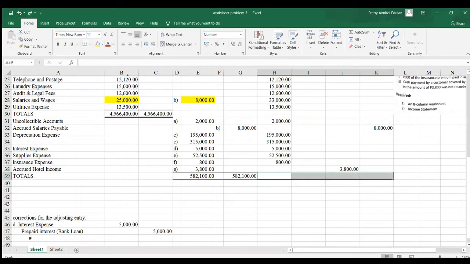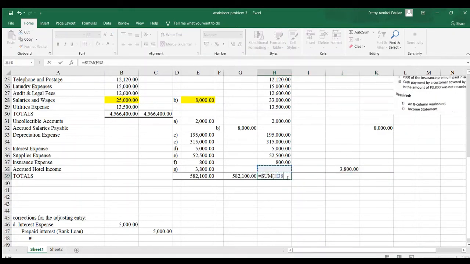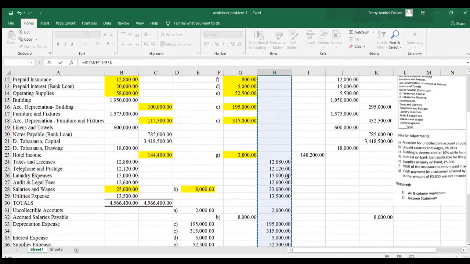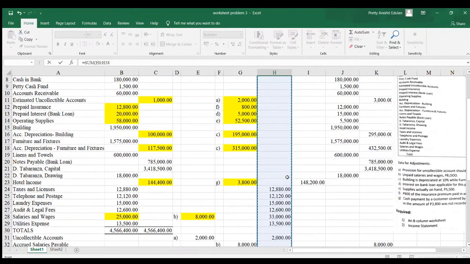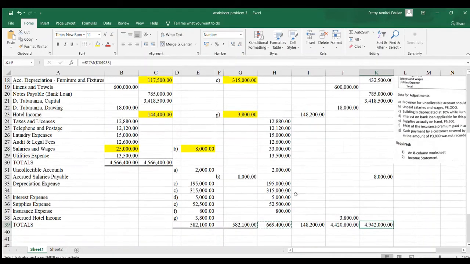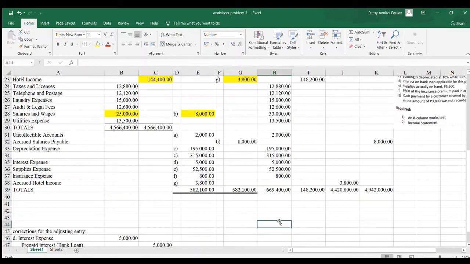It's now time to get the total. Again, this is not yet balanced because it will show the performance of the business. Let's see the difference between the two.